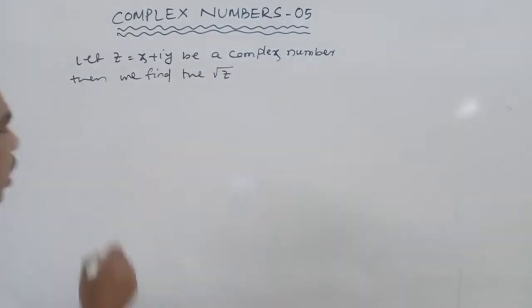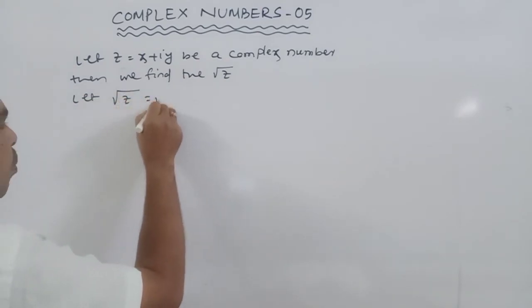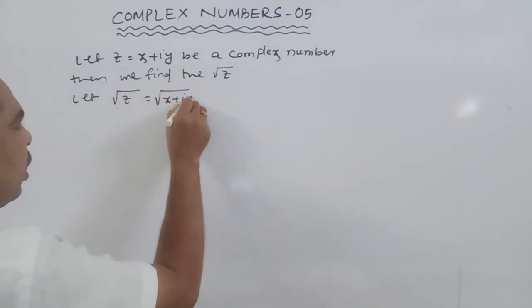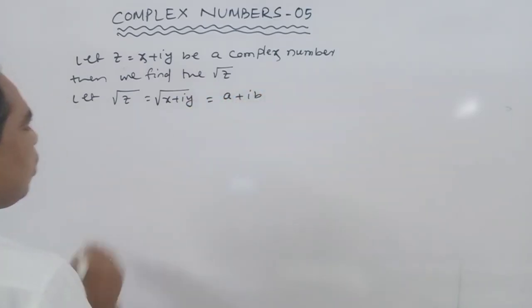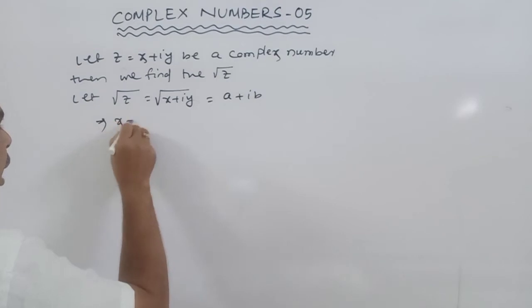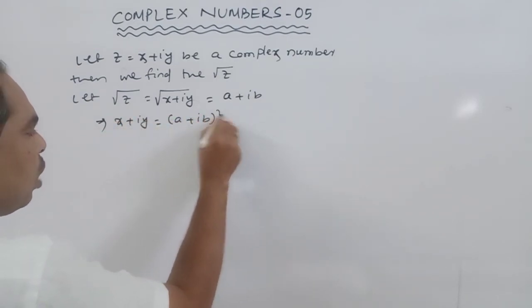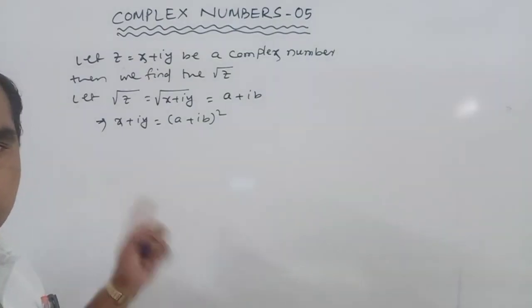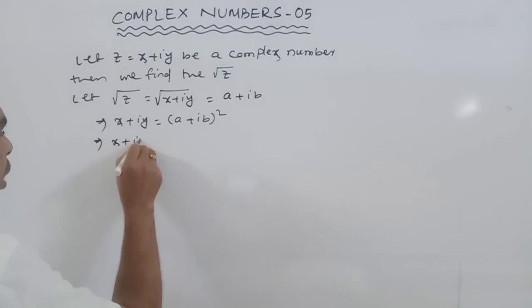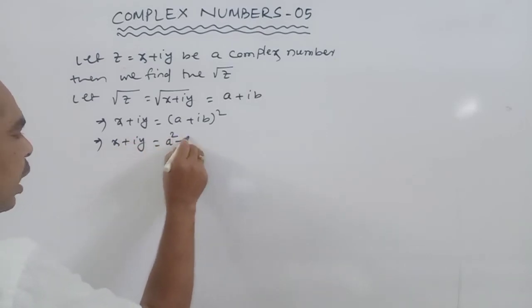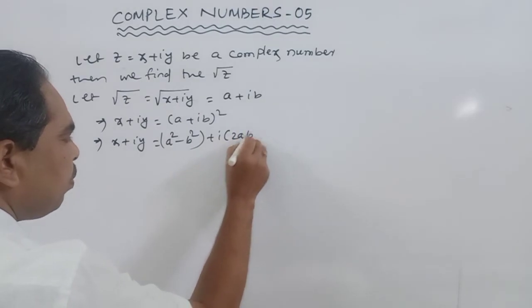Let the square root of z, that is square root of x plus iy, be equal to a plus ib. So x plus iy is equal to (a plus ib) whole square, squaring both sides. So x plus iy is equal to a square minus b square plus i into 2ab.